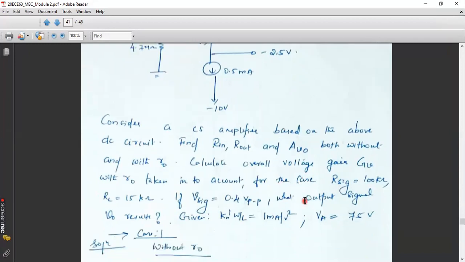For the case Rsig equal to 100 kilo ohm, RL equal to 15 kilo ohm.